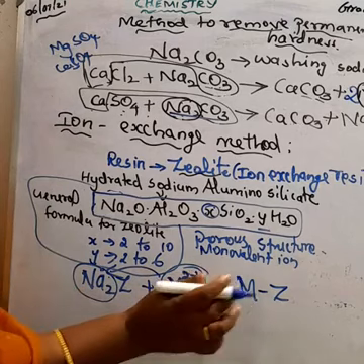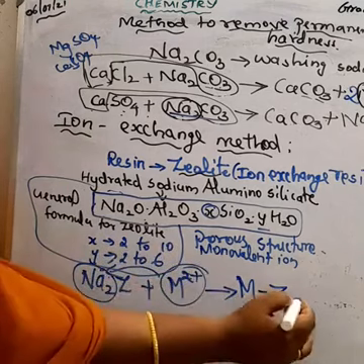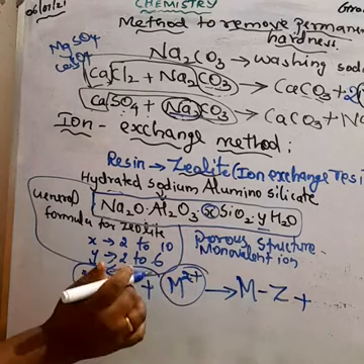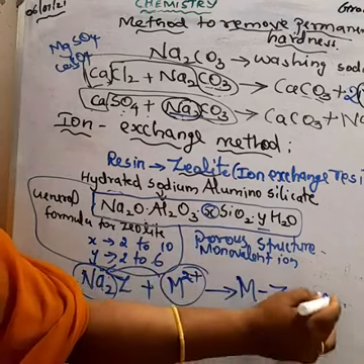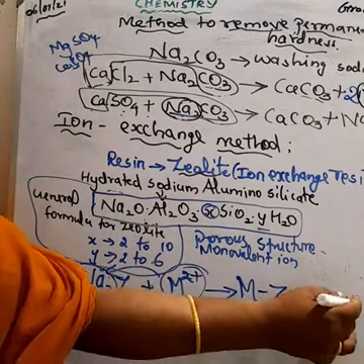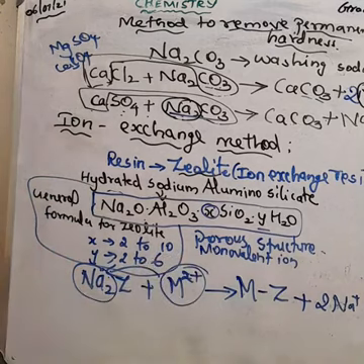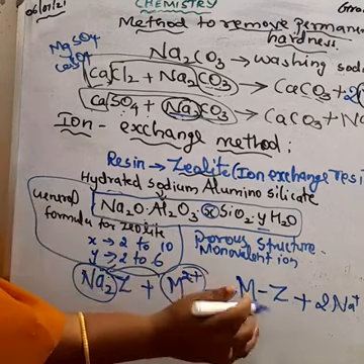Understood? Here there are two sodium atoms, so we have to make it 2. So the calcium or magnesium cations present in hard water, we can remove like this.